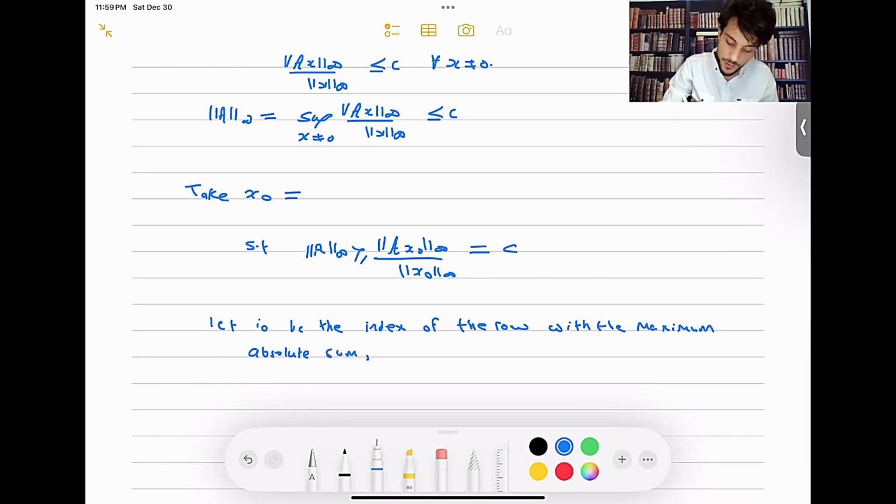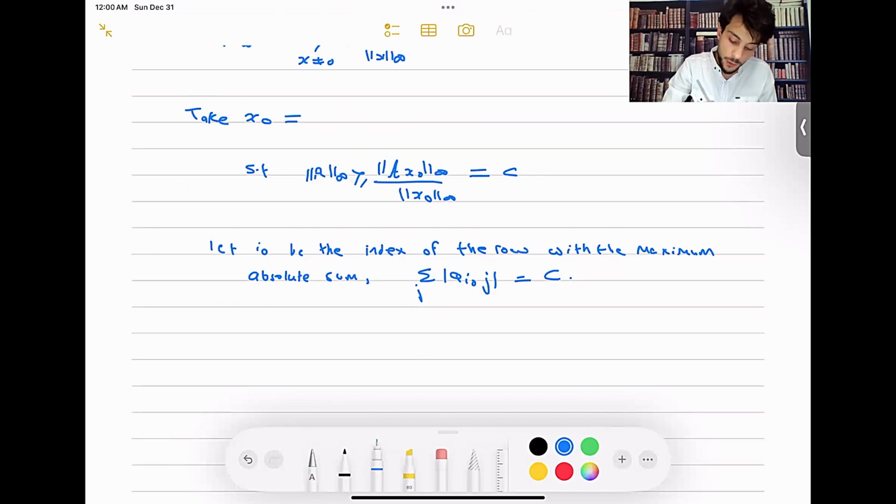In other words, we want the following to happen. We're fixing i0 and we're summing over j, this being the i0th row where we're summing the entries of it, and we want this to be c. We can pick i0 to be such that this sum is c, because c is the maximum over these.